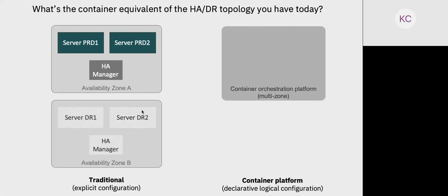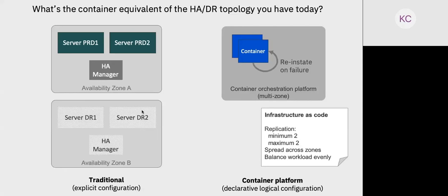It knows how to do multi-availability zones. It knows how to load balance things across containers. It already knows how to make sure that it's got the right number of the replicas running, and it can increase and reduce those as needed. So all we really need to do is provide it with the container image. And the container image is something that's highly portable, that can run on any container orchestration platform, and then give it a set of rules.